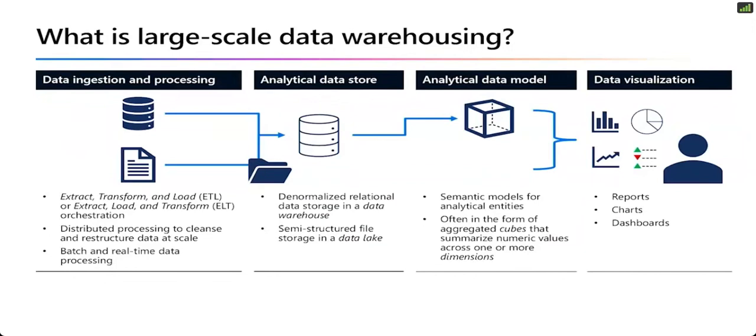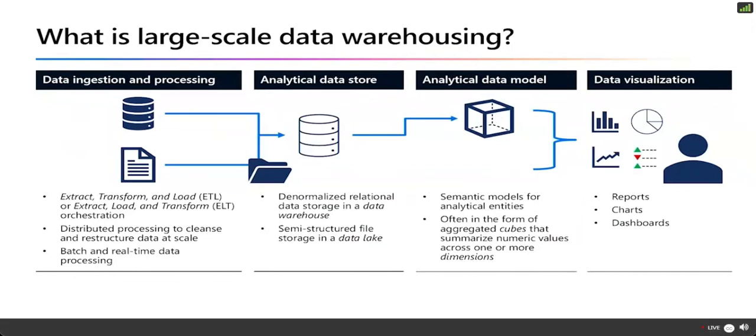The data processing is often performed by distributed systems that can process high volumes of data in parallel using multi-node clusters. Data ingestion includes both batch processing of static data and real-time processing of the streaming data. Then is your analytical data store.